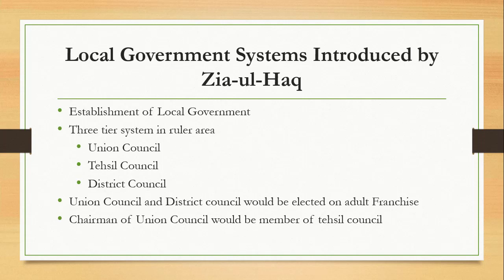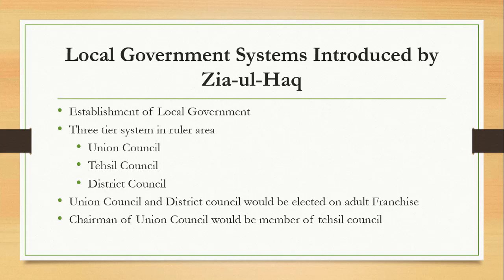In this conference, the decision was taken about the establishment of local government in Pakistan, and also about its structure. Dear students, since this is a provincial subject and provinces had to decide about the structure and functions of the local government, in 1979, in the Interprovincial Conference, the structure and establishment of local government was decided.